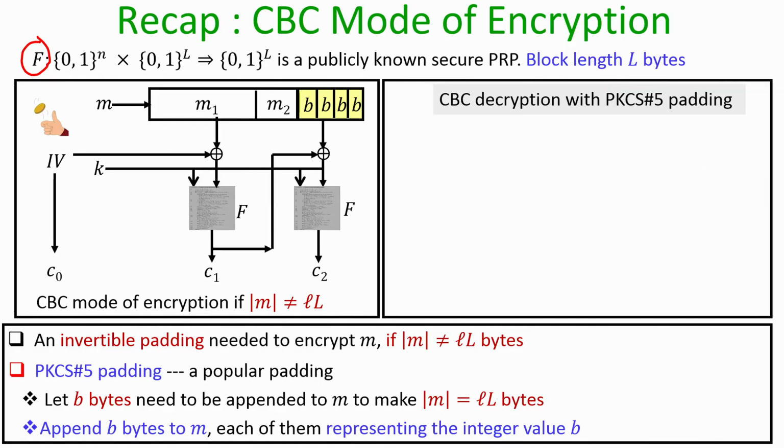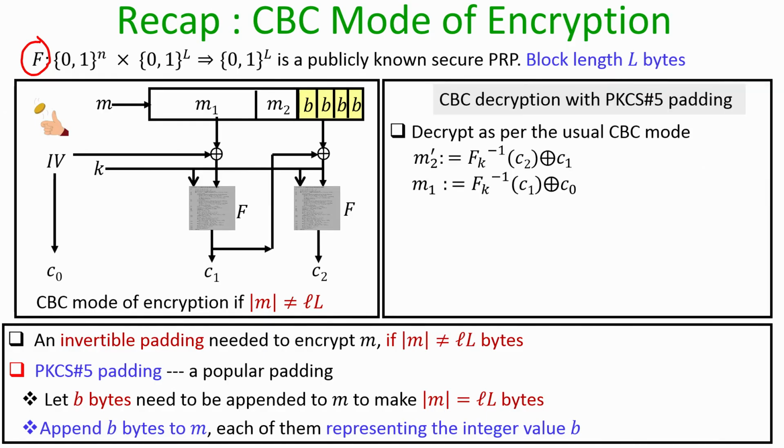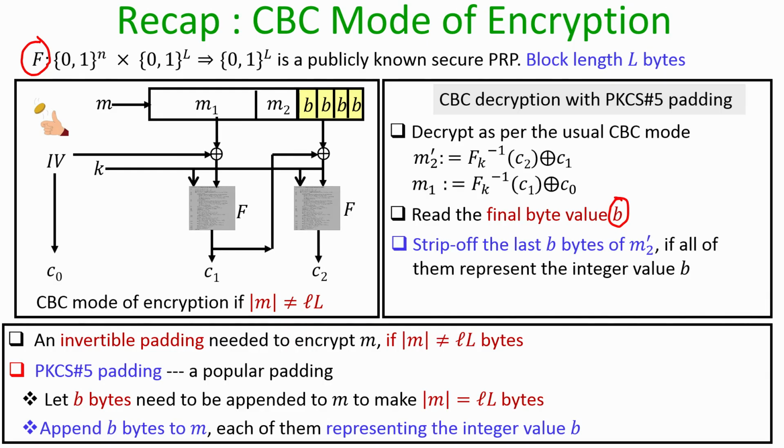To do the decryption, we perform the decryption as per the usual CBC mode of decryption, and now we have to remove the padding. To remove the padding, we take the last block of the recovered message, in this example say M2 dash, and we take the last byte and read the value B, and then we see whether all the last B bytes represent the value B or not.